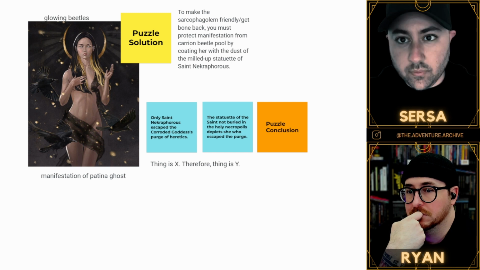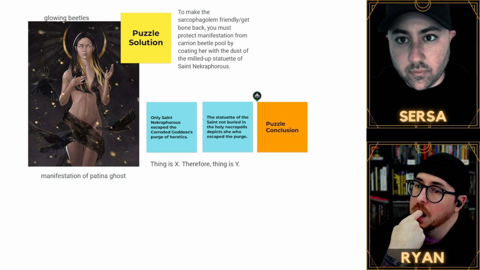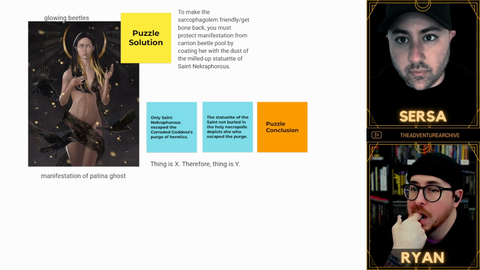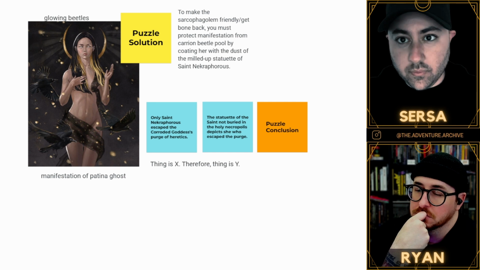So in the puzzle, the conclusion of the syllogism is that the statuette of the saint not buried in the holy necropolis is of Saint Necrophorus. Boom. I love that. So there we go. The statuette of the saint not buried in the holy necropolis depicts Saint Necrophorus.